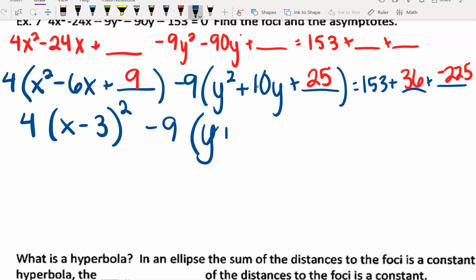So y plus 5 squared equals, and then we'll add together all the numbers on the other side, 153 plus 36 minus 225. I got an error somehow. 153 plus 36 minus 225 is negative 36.